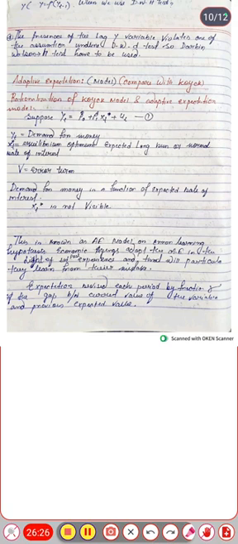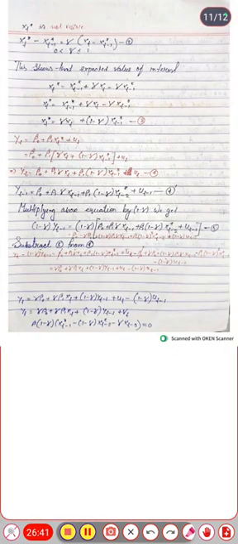The expectation is revised each period by a function gamma of the gap between the current value of the variable and the previous expected value. So Xt star minus Xt minus 1 star is equal to gamma into Xt minus Xt minus 1 star.